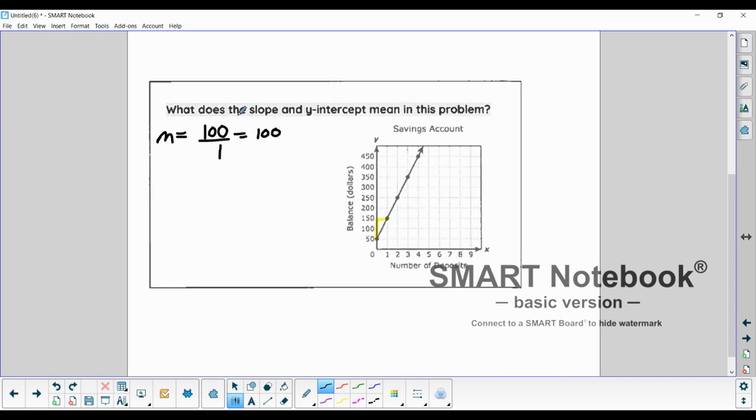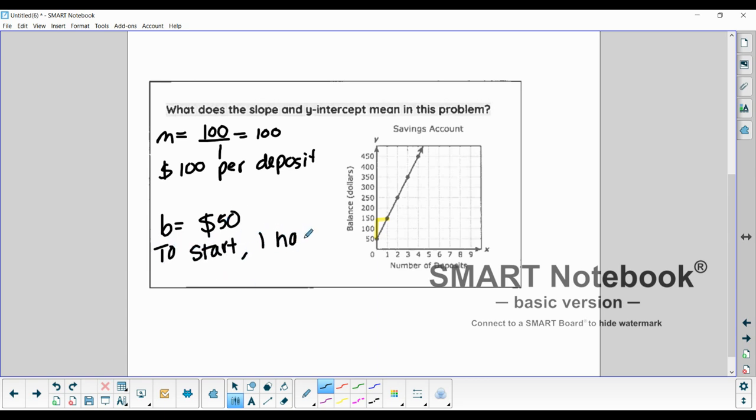So my rate of change is 100. So I would say my balance increased by $100 per deposit. And b, where it started, was 50. So I could say to start, I had $50 in my account.